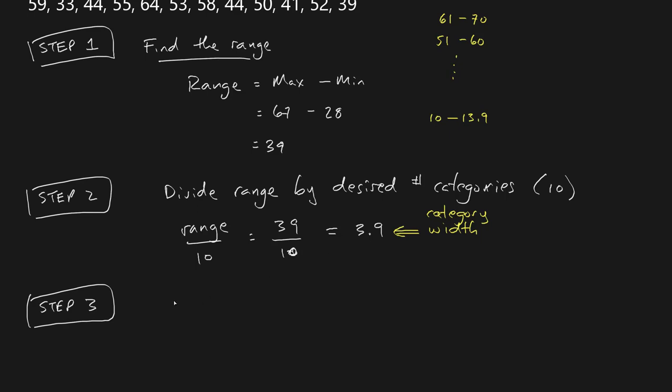Take your 3.9 and round the category width. And I use the word round sort of loosely, round the category width to an easy number to work with.